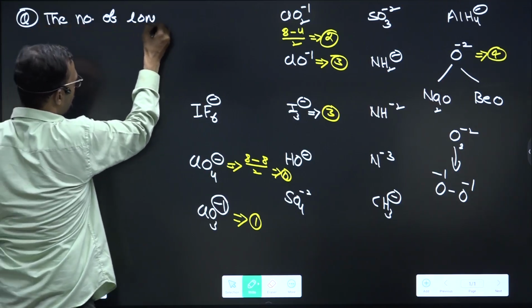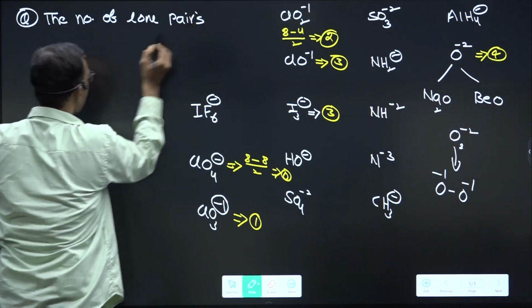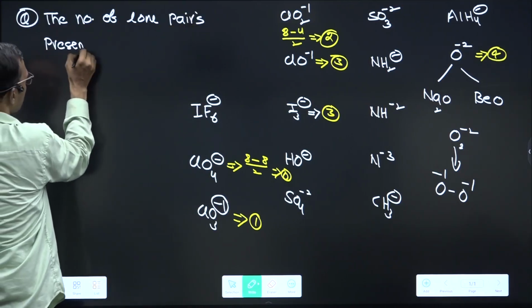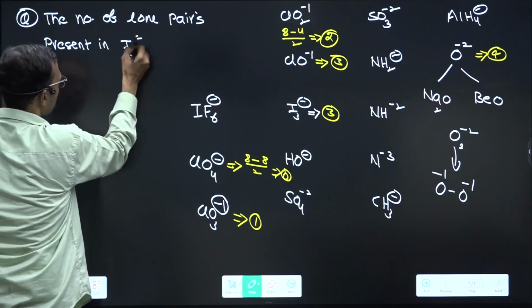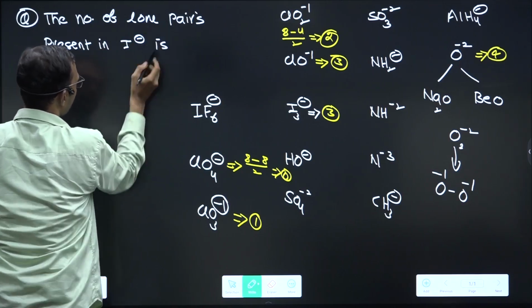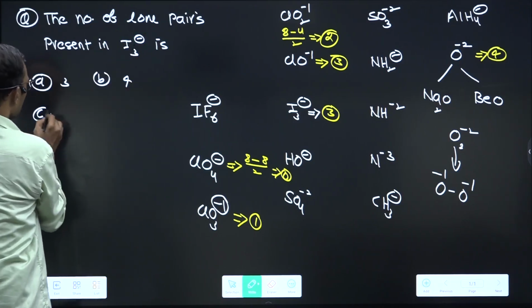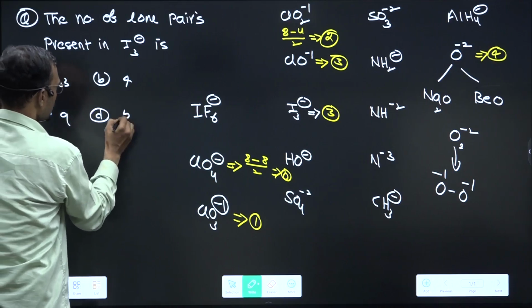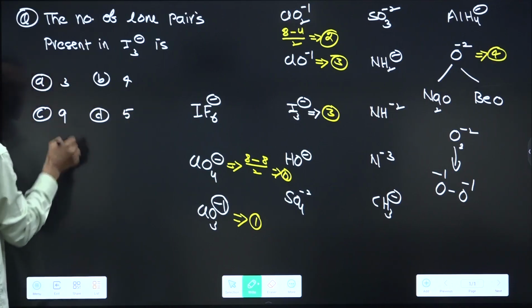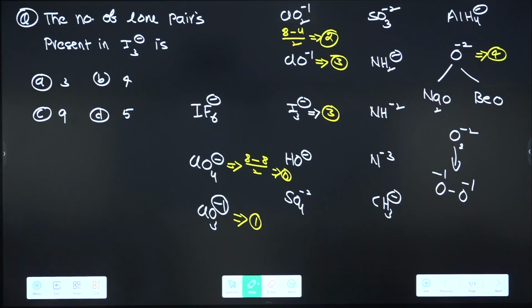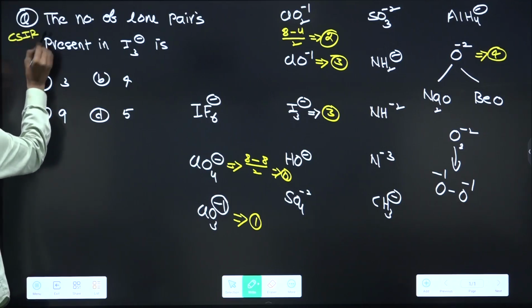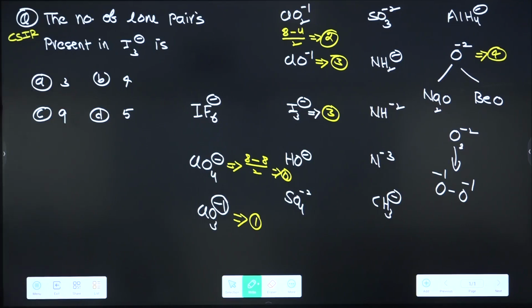The number of lone pairs present in I3 minus is: 3, 4, 9, option D 5. This is a CSR question. In inorganic chemistry actually this will come, but if you learn the calculation of lone pairs in organic, it will be clear. Both organic and inorganic molecules will be very easy for you.